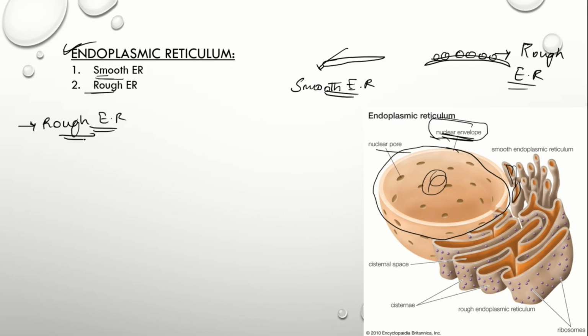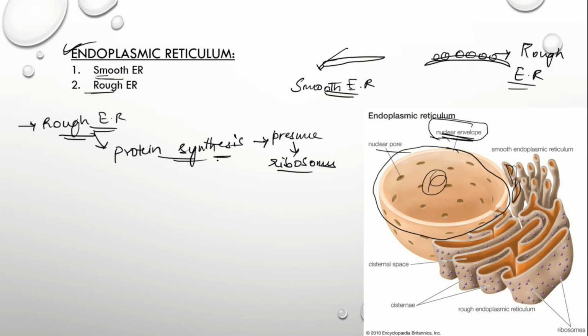The main function of the rough endoplasmic reticulum is protein synthesis. Why protein synthesis? Because of the presence of ribosomes. Understood, students?